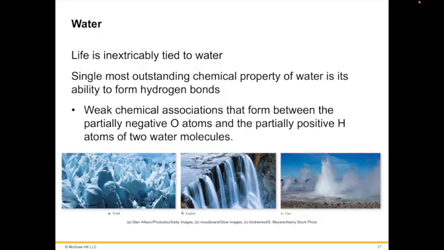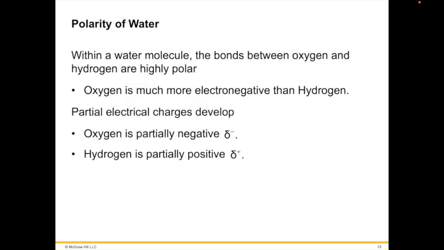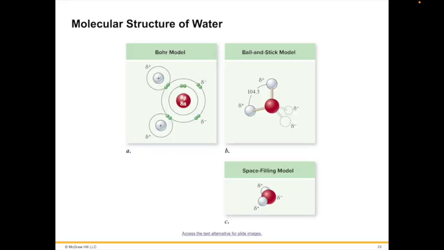Water has a simple molecular structure, consisting of an oxygen atom bound to 2 hydrogen atoms by 2 single covalent bonds. You'll see this in figure 2.11, now shown.